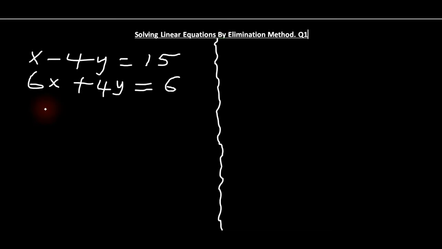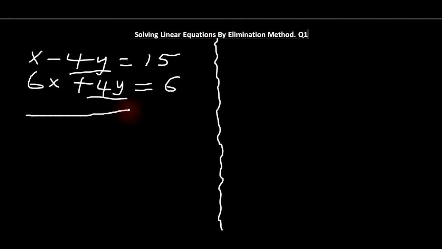Looking at this equation, we realize that the variable y has the same coefficient, 4, with opposite signs. In cases like this, we can easily solve by the method of elimination by simply adding the equations together.